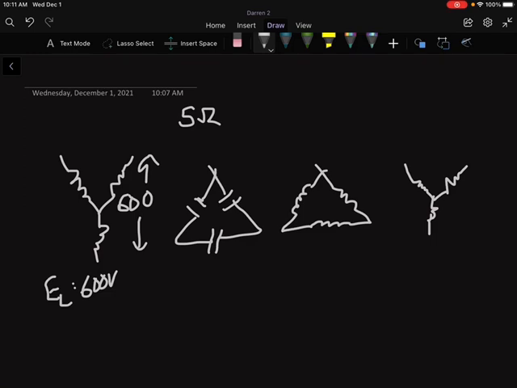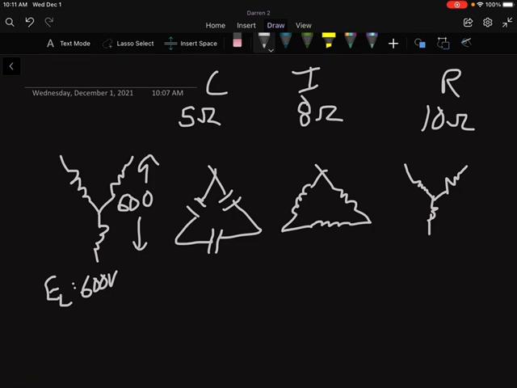The inductive load is going to be 8 ohms per phase. And the resistive load is going to be 10 ohms per phase. All right.